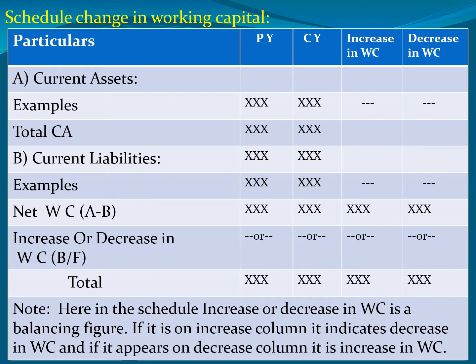If the amount comes in the increase column, that is a decrease in working capital. If the amount comes in decrease, that's an increase in working capital, because it's like a ledger account. You have done the balancing over here, and that shows, suppose the amount is in increase here, the decrease total is greater than increase.